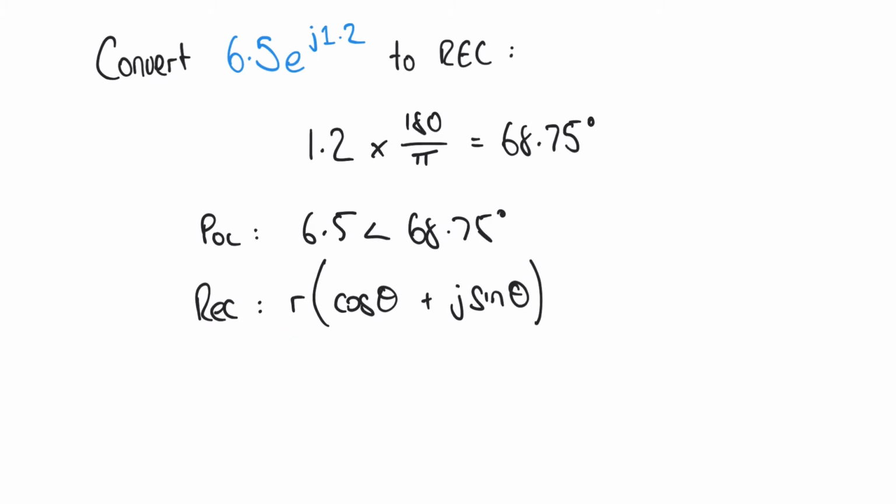Simply substituting our values for r and theta, we should get something that looks like this. We'll get 2.36 plus j 6.06. And so there we've converted our exponential term into rectangular form.